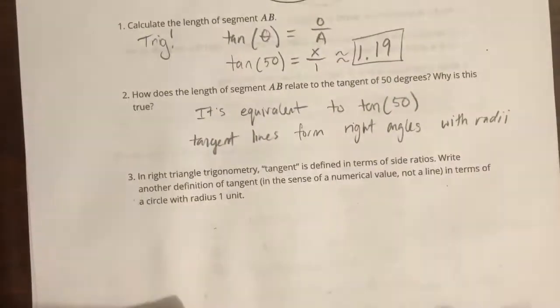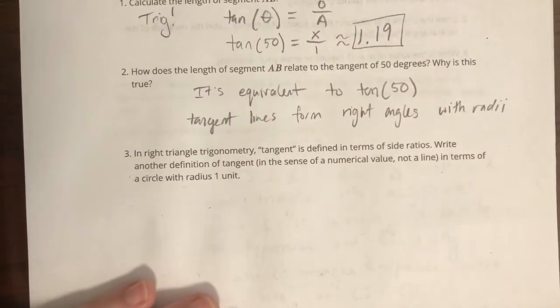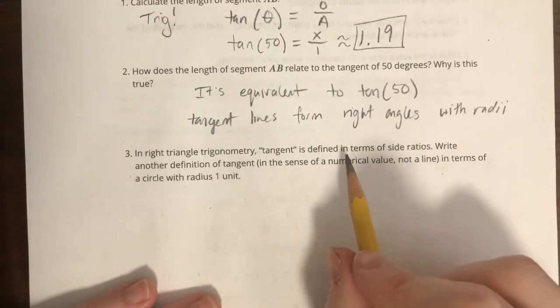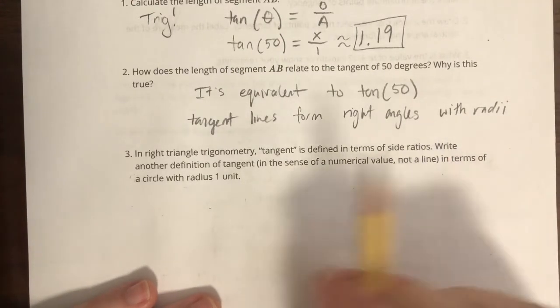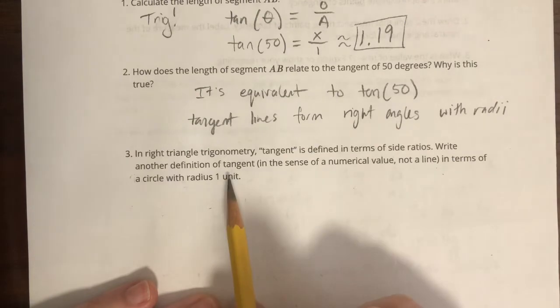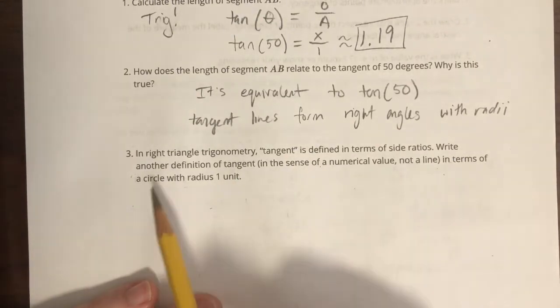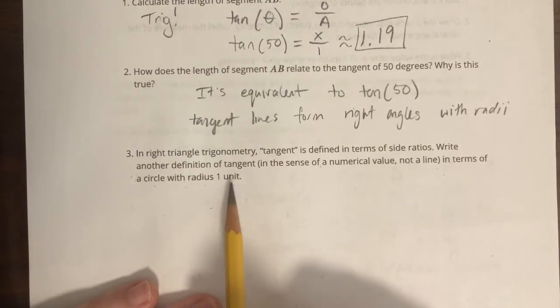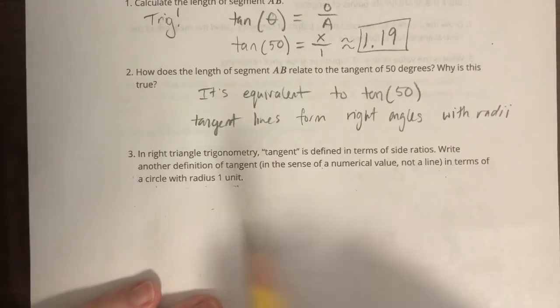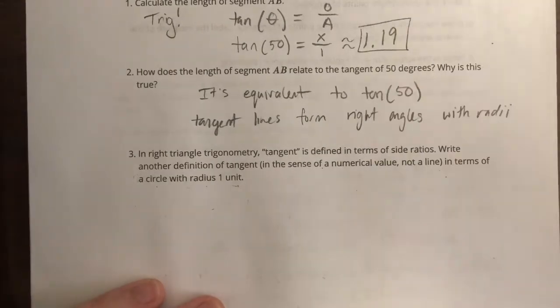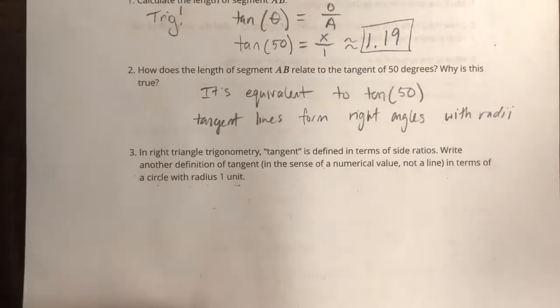Okay, number 3. In right triangle trigonometry, tangent is defined in terms of side ratios. Write another definition of tangent in the sense of a numerical value, not a line, in terms of a circle with radius 1 unit.